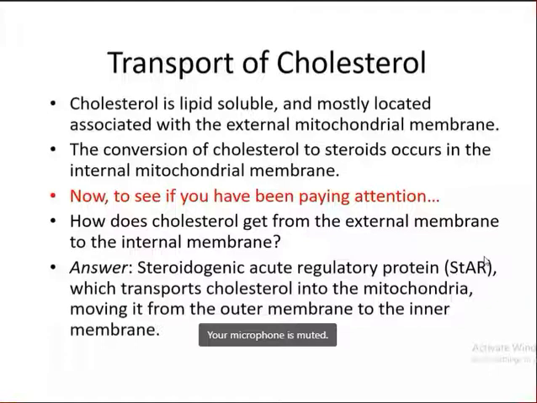India or Nepal? Nepal, sir. Okay. So, steroidogenic acute regulatory protein transports cholesterol into the mitochondria, moving it from the outer membrane to the inner membrane. You know the answer.